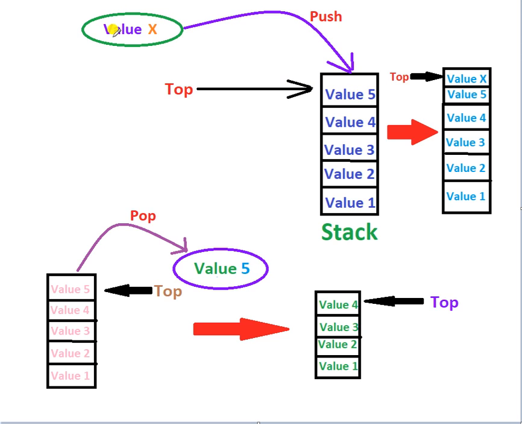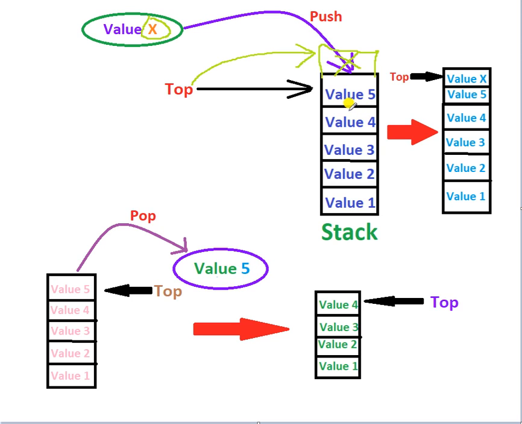If we want to add this value x to the stack, we can do it at the topmost value of the stack. So this value x would be inserted here, and now the new top would be this one. That's it.